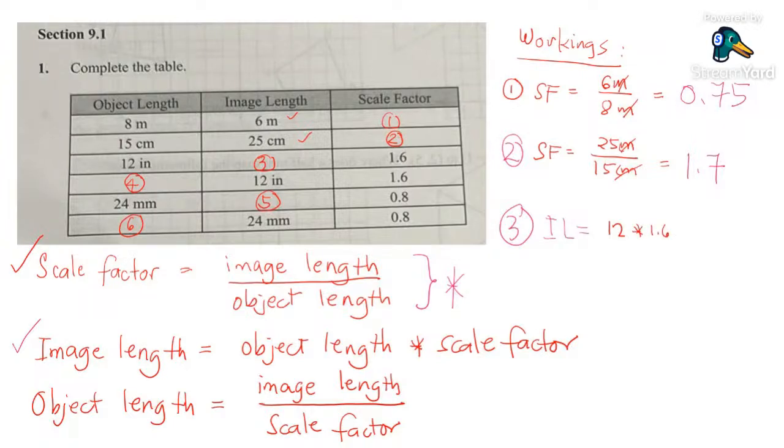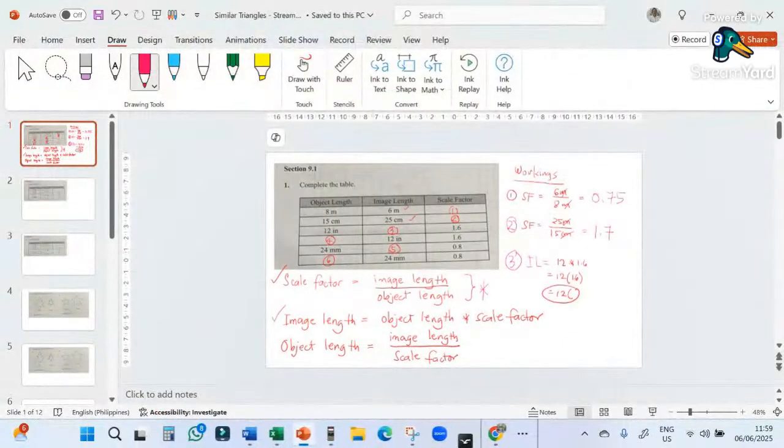You can use an asterisk or the x. You can present it as 12 times 1.6, that is also okay. Or you can remove the bracket, that is also okay. They all mean the same thing.